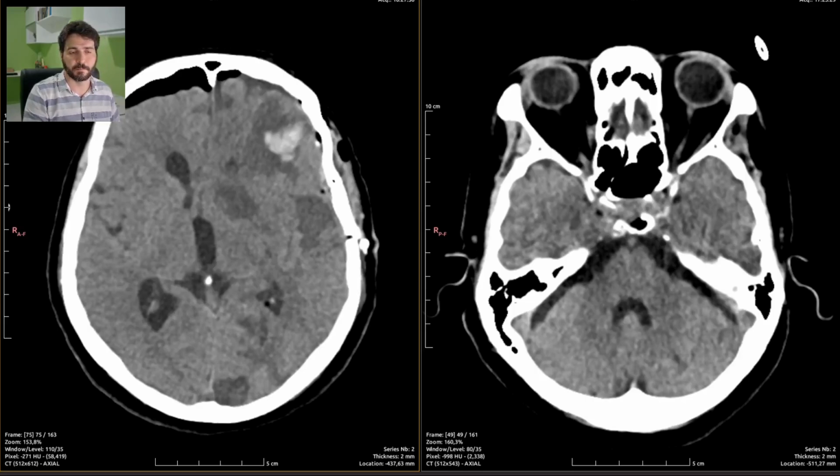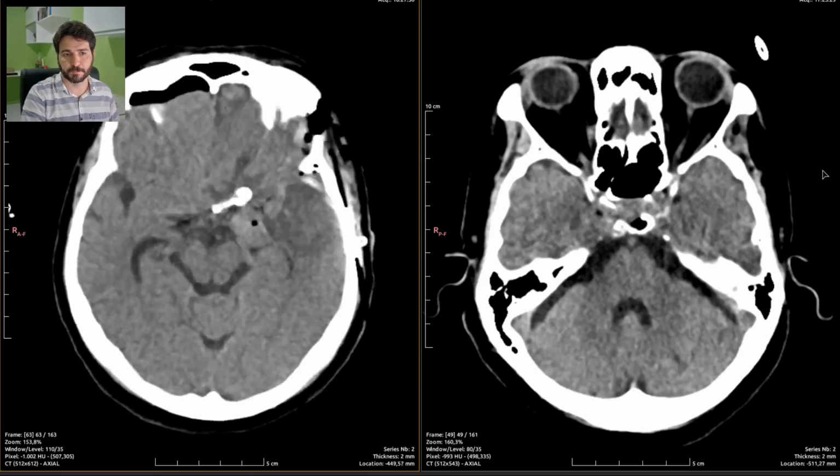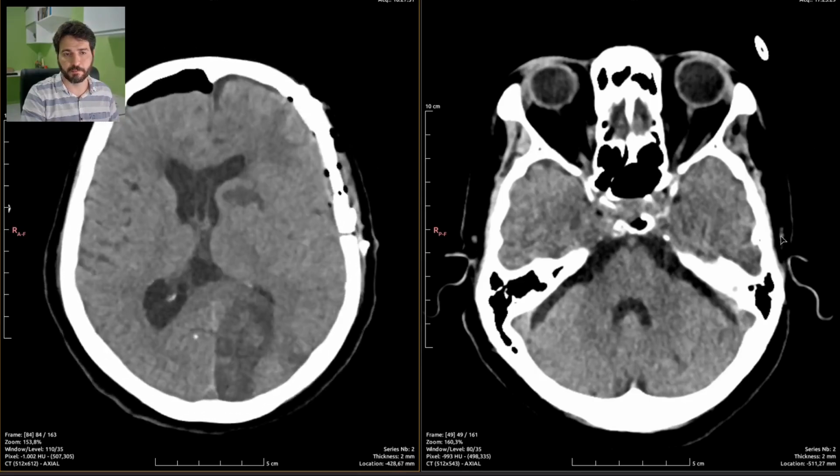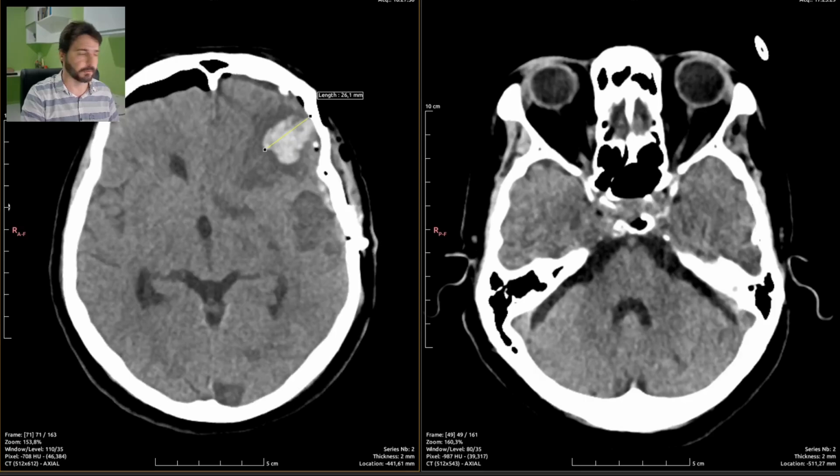There is a shift of the middle structures to the right, which represents a herniation, subfalcine herniation to the right. Let me measure it. It's about 6 millimeters.